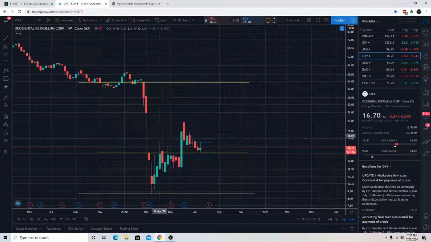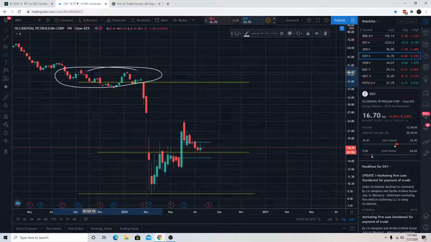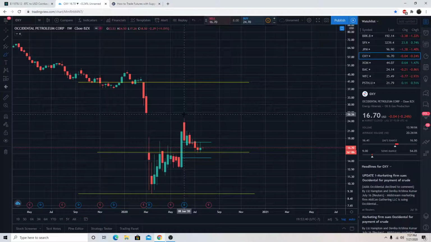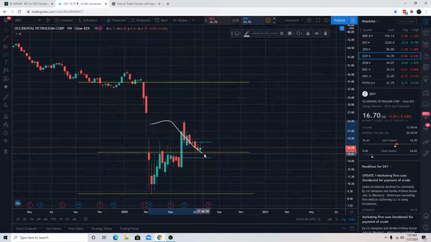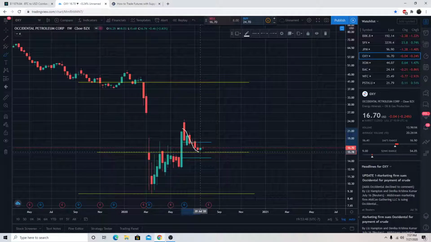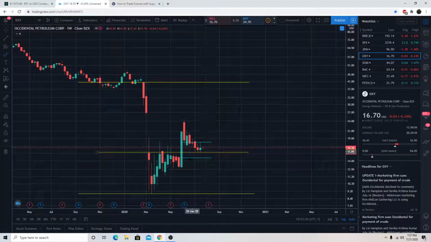If the elevator is moving to the upside, in this area right here, since we have all this right here, it might start acting as resistance before it actually moves to the upside. If we were crashing down, like in this specific area right here, it acted as support, so we bounced off of it, and now we're staying in this area, consolidating.